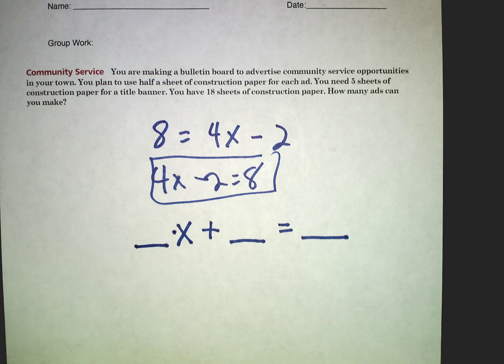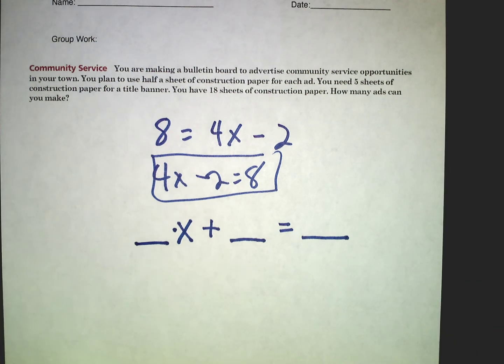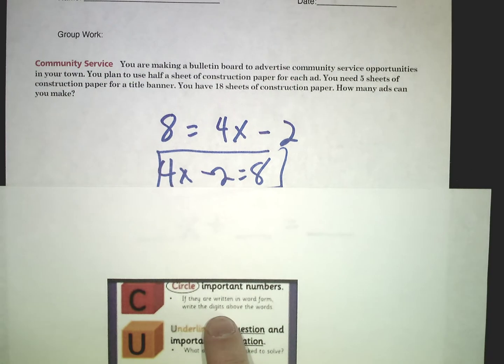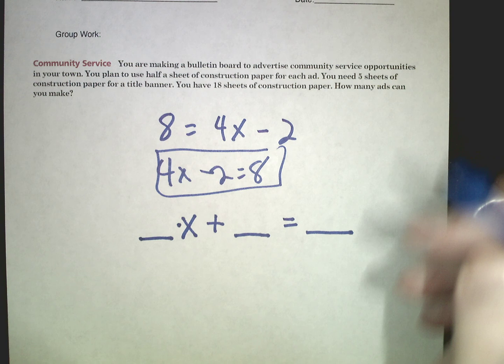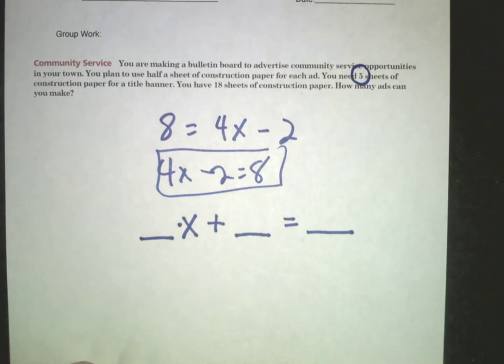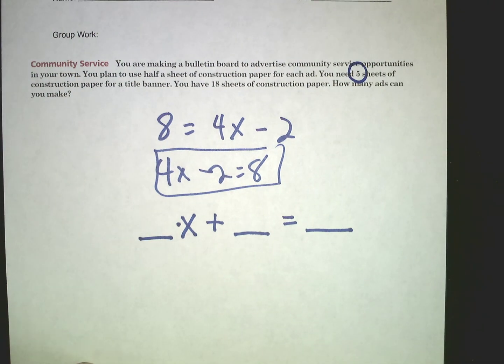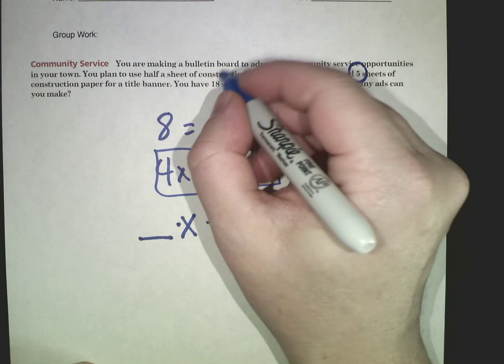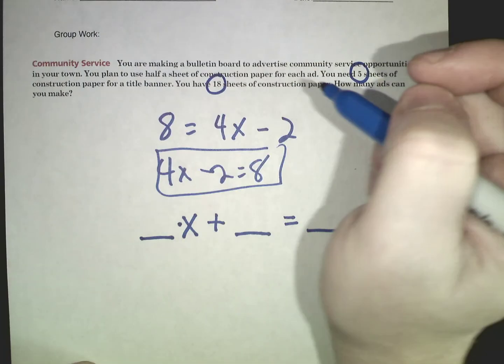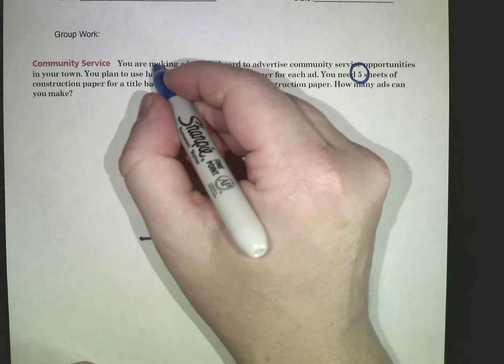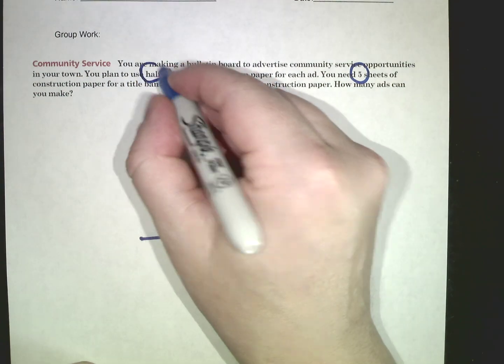So I look at this problem, and I'm going to go to my CUBES method. My CUBES method tells me first, circle the important numbers. Well, let's see: 5, 18. Here's kind of a hidden number: half.